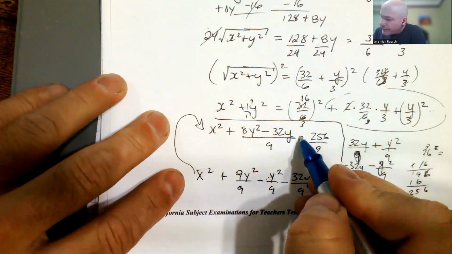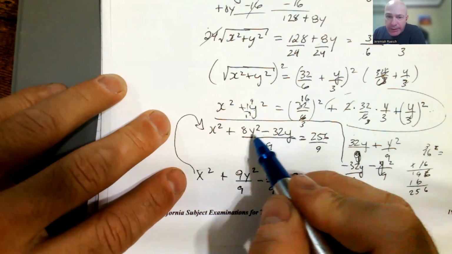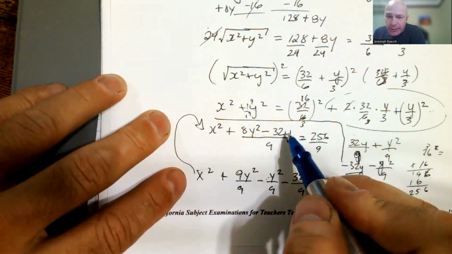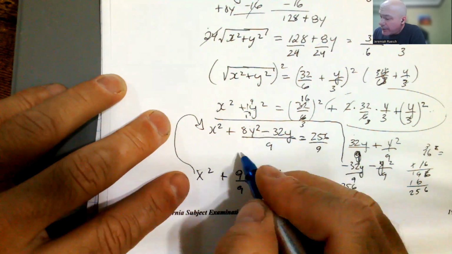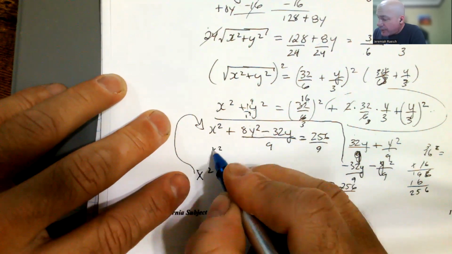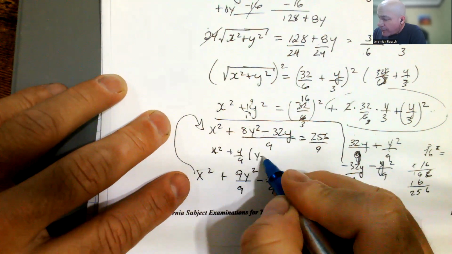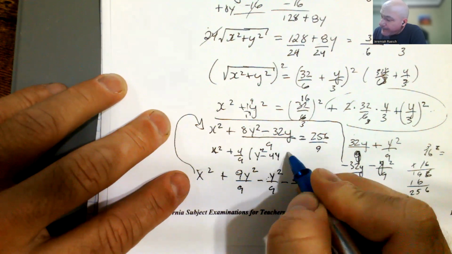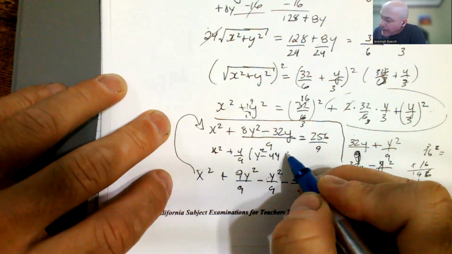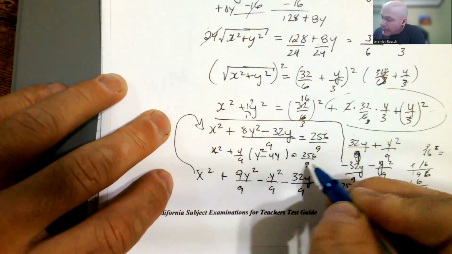Okay. And then notice that here we have a common factor of 8 I can pull out. It's going to be x squared plus 4 over 9, and I have y squared minus 4y, equals 256 over 9. Okay.